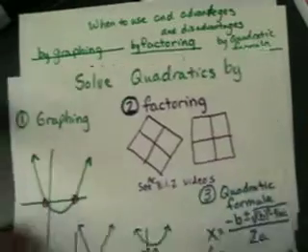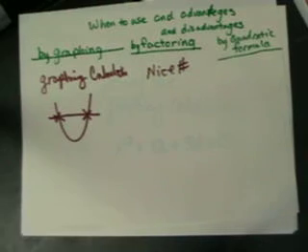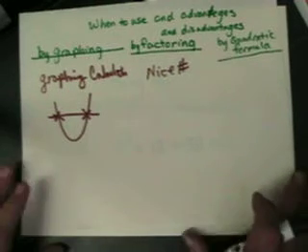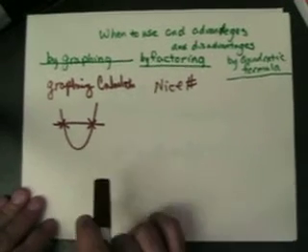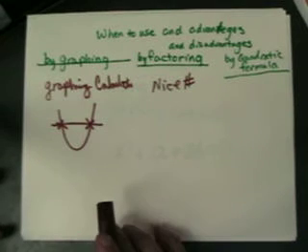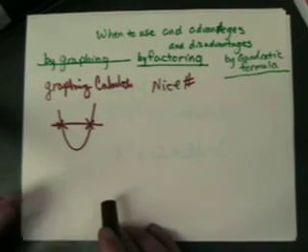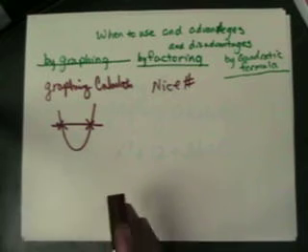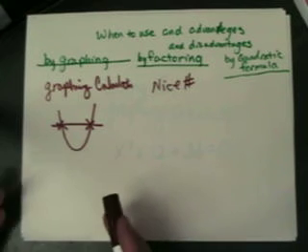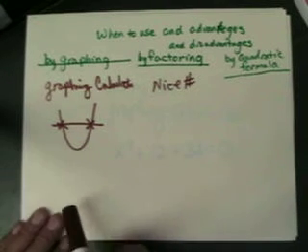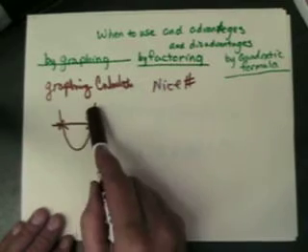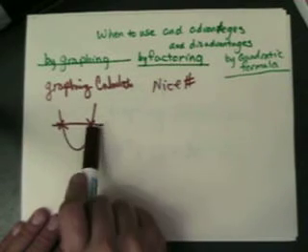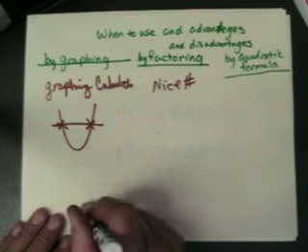Okay, so let's look at when we will want to use these. I'm not going to go into deep depth on this, but basically if you have a graphing calculator, then graphing is by far a nice option for you, especially if you're in a hurry and you don't have to be very exact. With a graphing calculator, all you have to do is look at the graph, find out where it crosses the x-axis, and that will be your solutions.